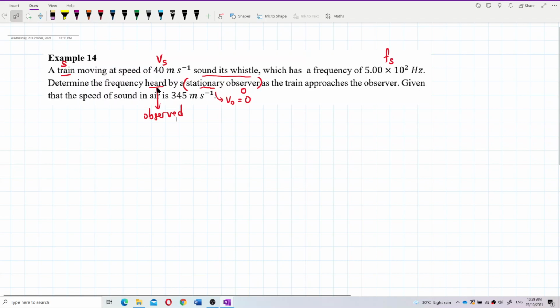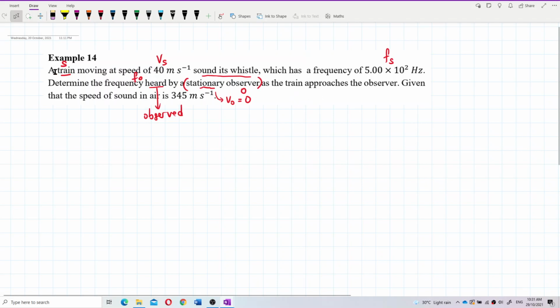So he asked to find FO, the observed frequency.